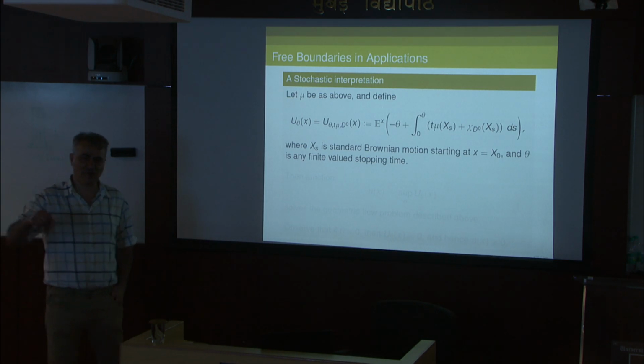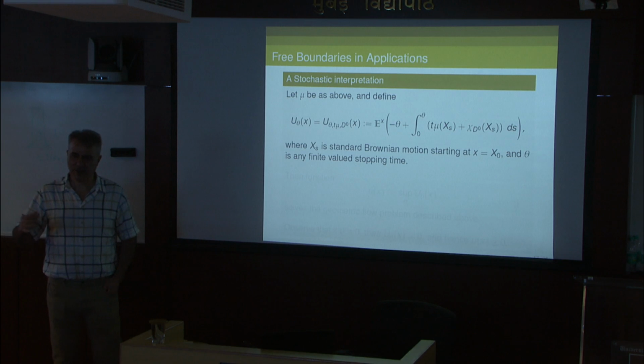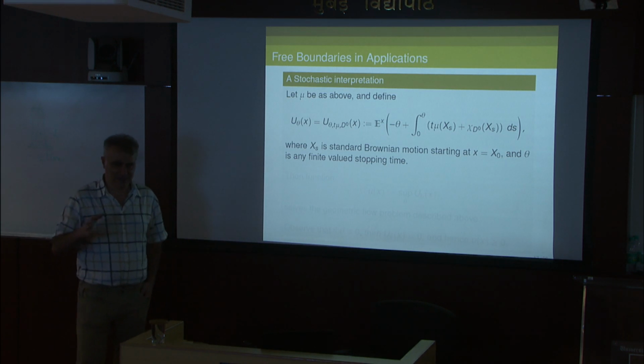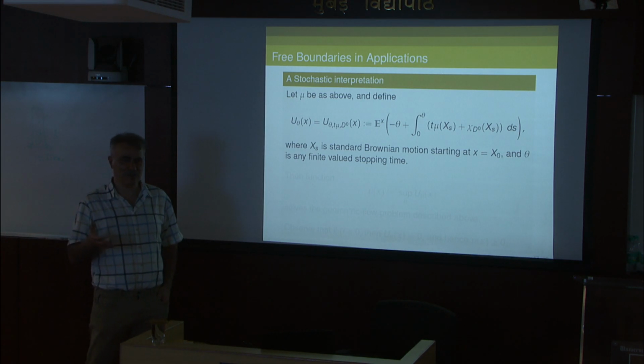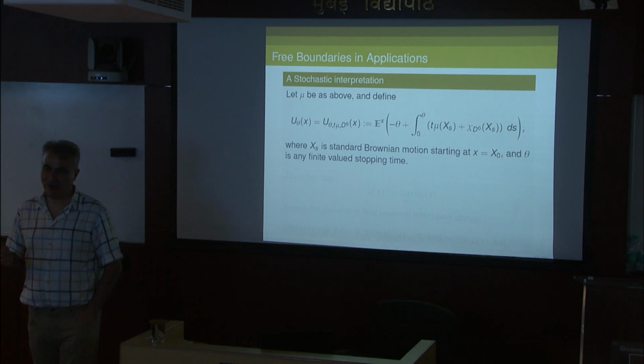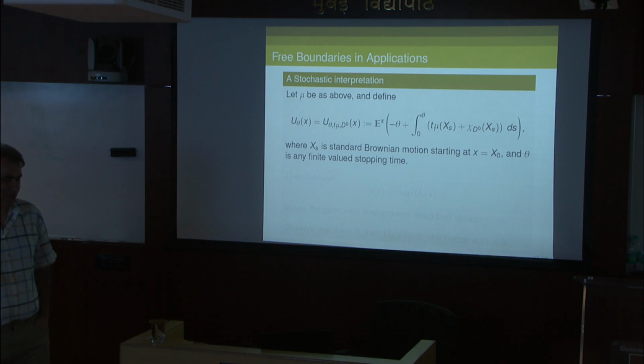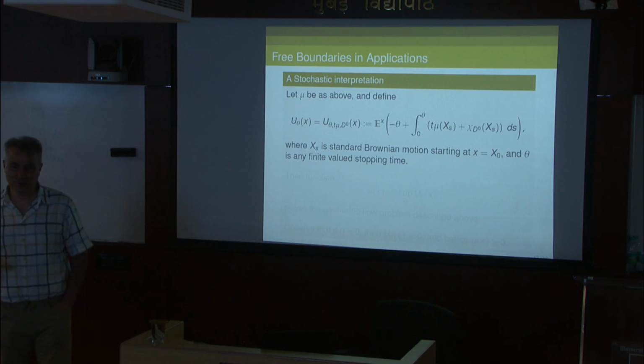So if you think of a Brownian motion, we are familiar with Brownian motion. It's the random motion of particles. The name comes from Robert Brown, in 1827 or so.